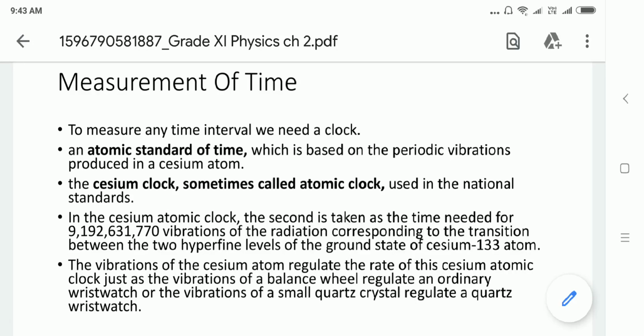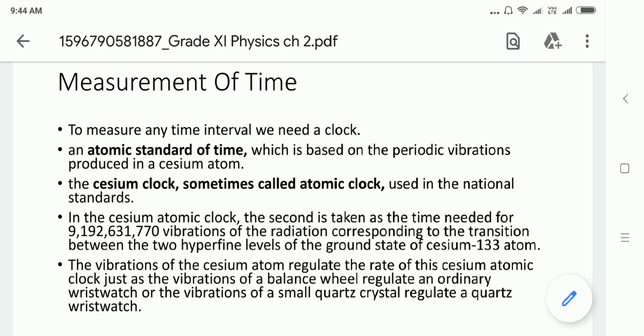Generally, to get the time value, we are using a clock, watch, stopwatch, or pendulum system like this. But here, if we want to maintain the time defined for India in a standard form, we use the atomic standard of time.